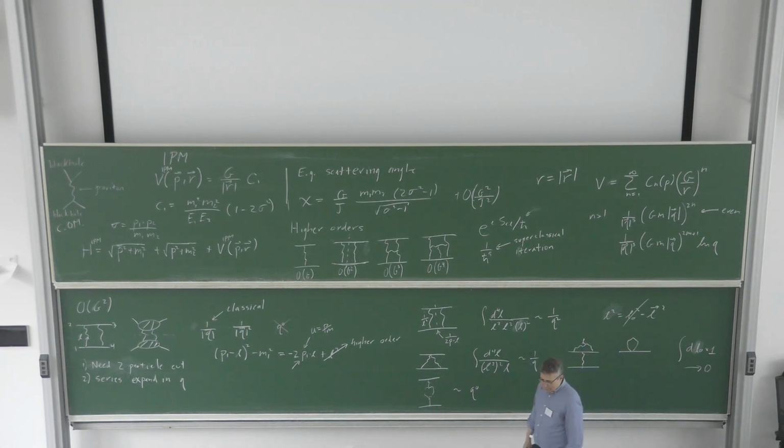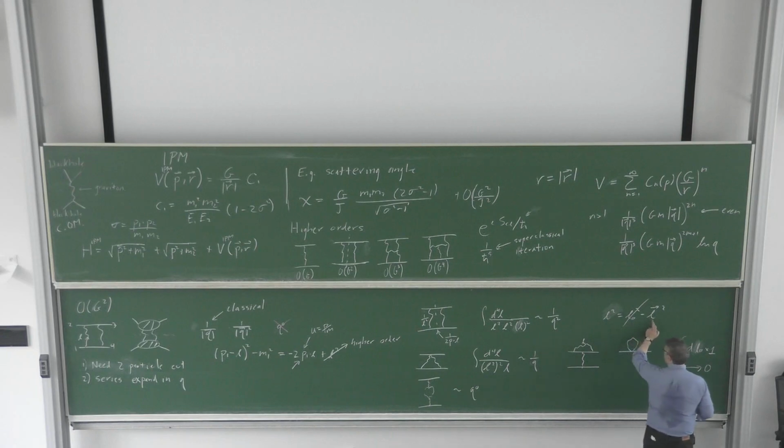The answer is no. But when we go to higher loops, we need to get much more sophisticated. We can't say, okay, I'm going to do this multi-loop integral, and then I'll extract the answer from that. That's not a happy procedure. You want to quickly isolate the potential modes if you're interested in the potential. Okay?